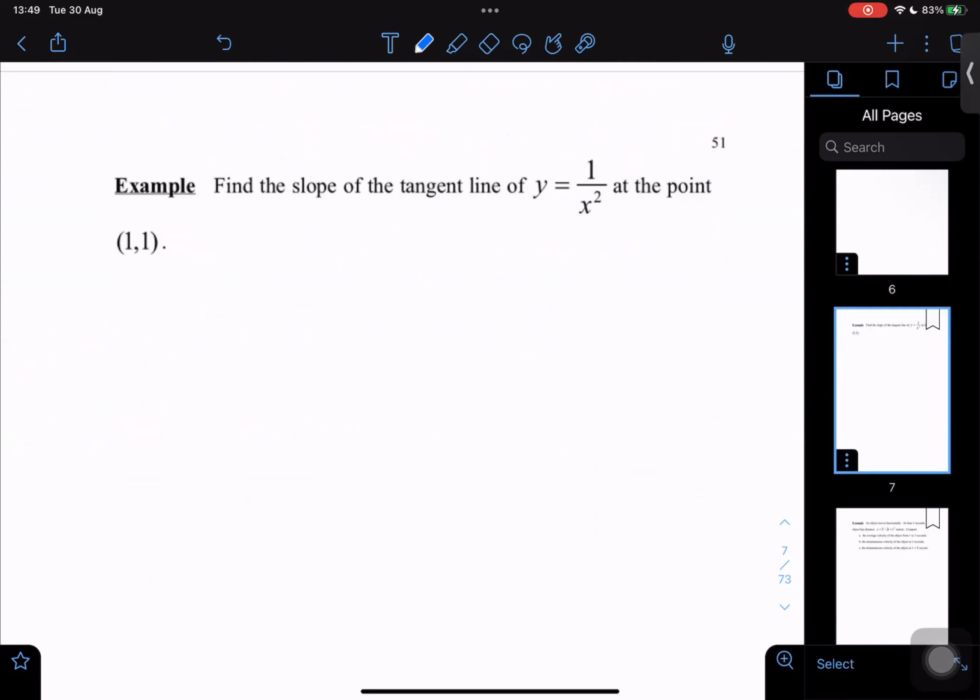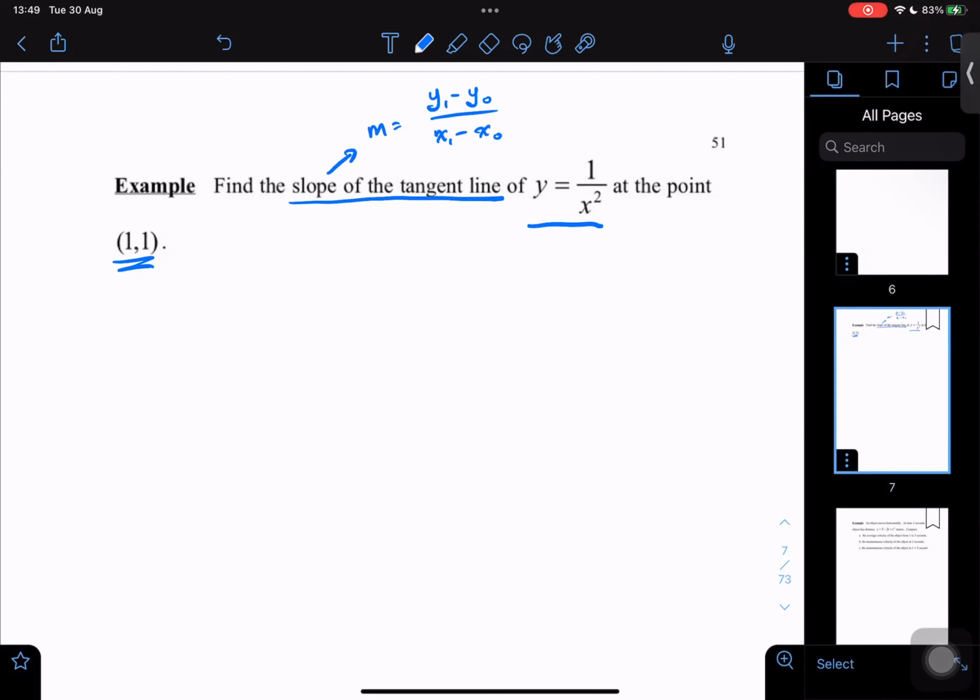For the next question, they ask you to find the slope of the tangent line of this function at this point. When you think about the slope of the tangent line, the formula that you used to is m equal to y1 minus y0 over, right?